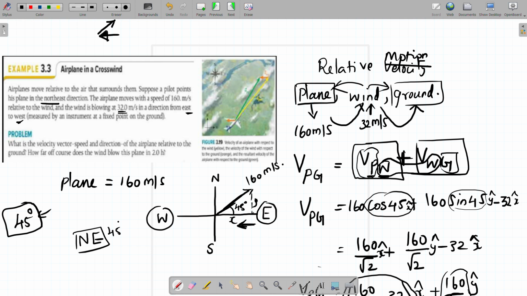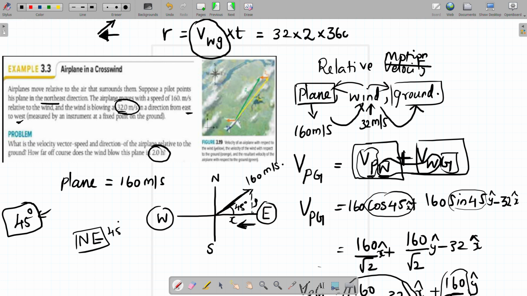So this wind speed will move the plane some distance, and that distance we have to find. It is the normal formula: position is equal to the speed of wind with respect to the ground multiplied by time. The speed of wind with respect to the ground is given as 32, and the time is 2 hours.